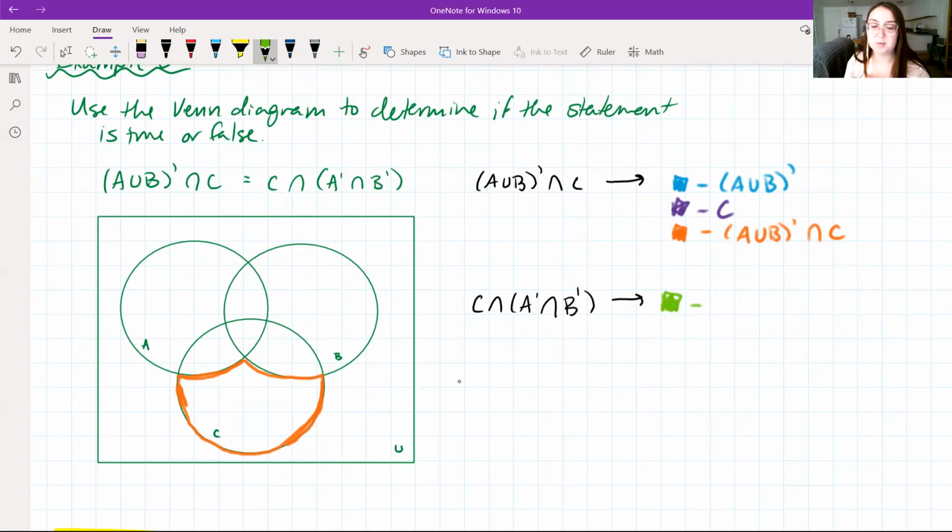And now we're going to pick our parentheses first, which is going to be A complement intersect B complement.